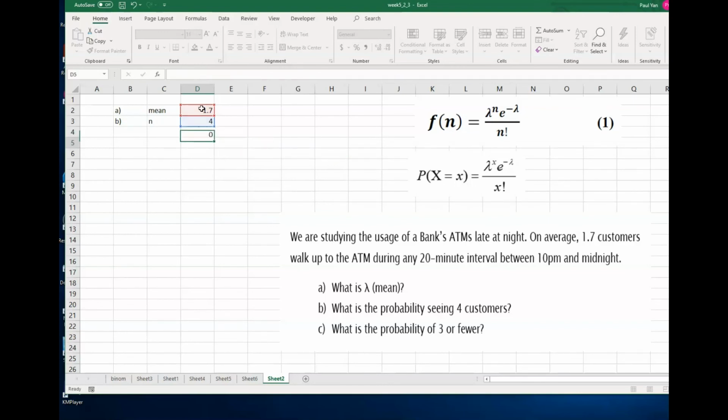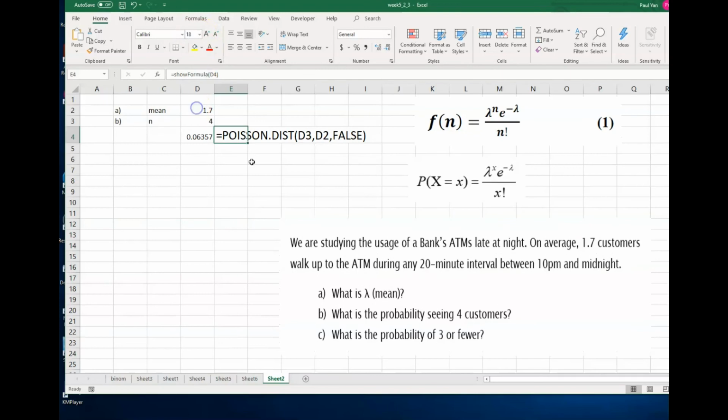We enter this one, and let's use show formula to show our formula. We use =POISSON.DIST. The first value will be x, because this is 4. The second value will be the mean. The last one will be false. So this is n.